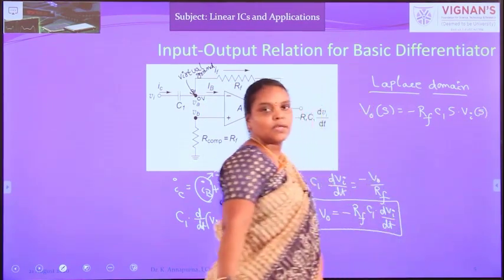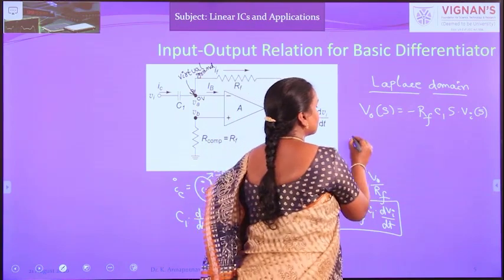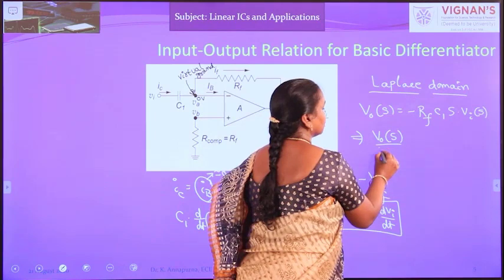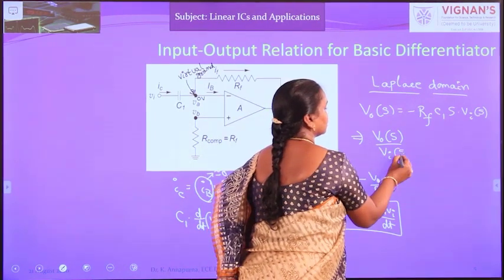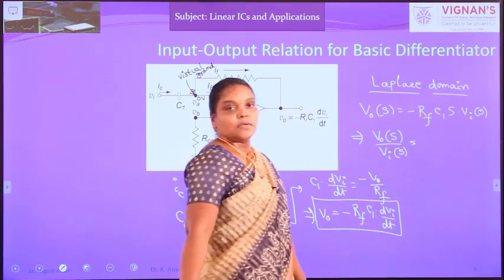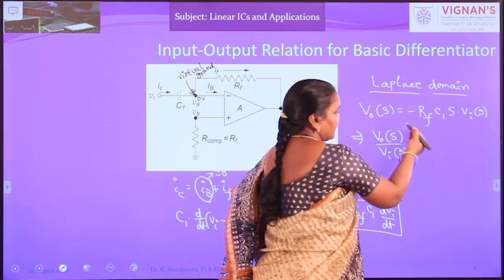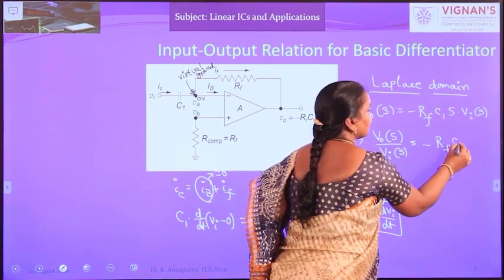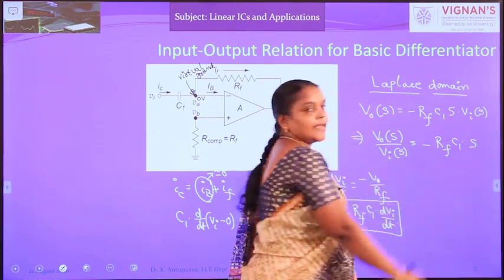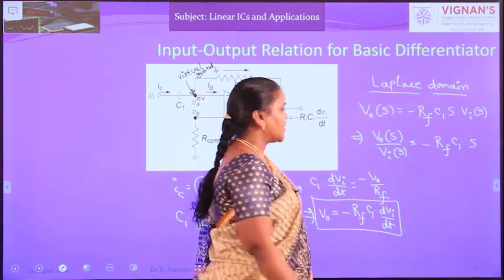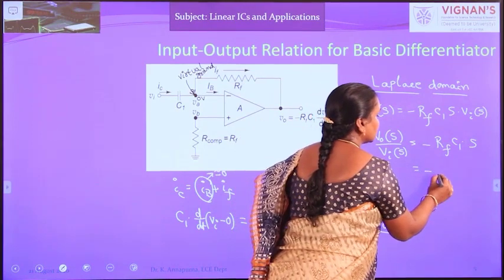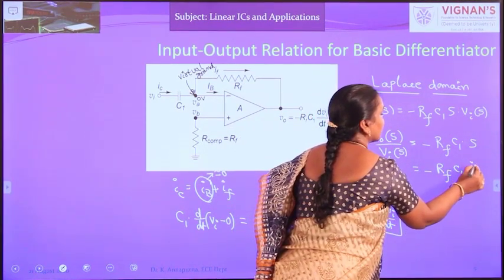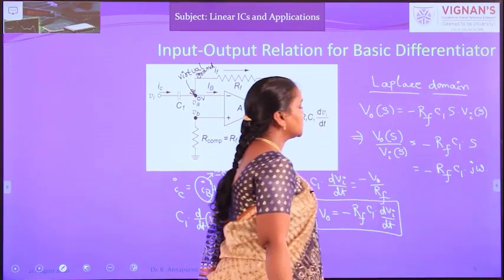Okay, now what is V0 of S by Vi of S? So Vi of S came to the left-hand side, so it becomes minus RF C1 into S. Here S is nothing but j omega. So minus RF C1 j omega. Right?